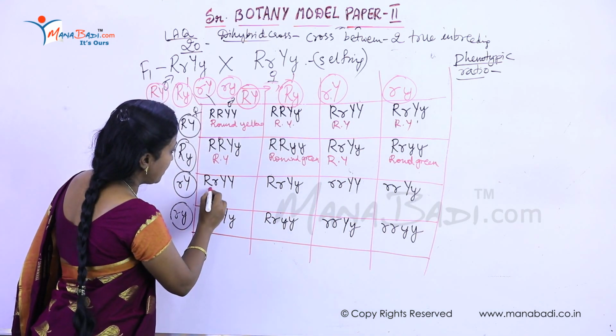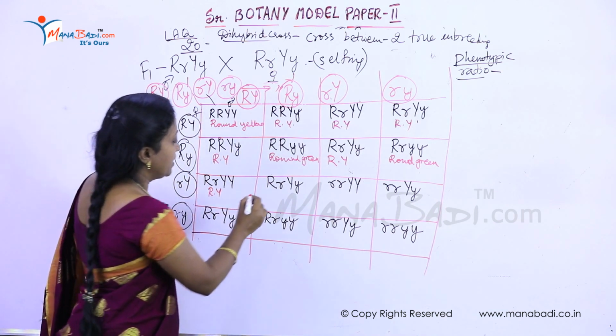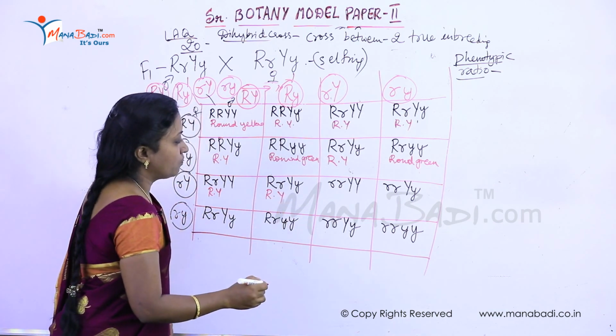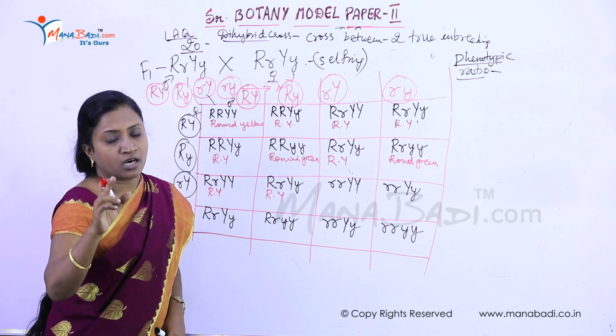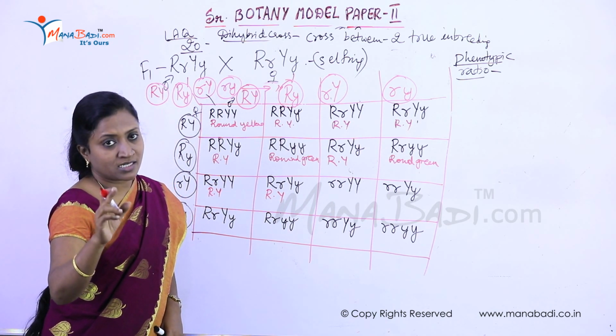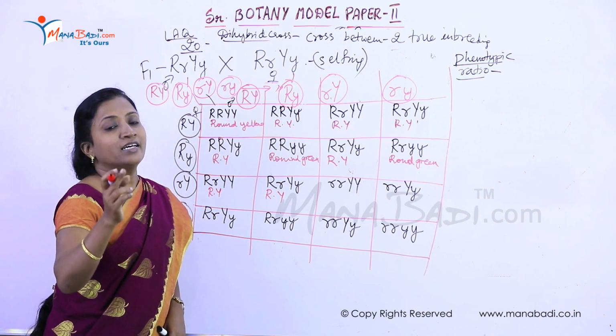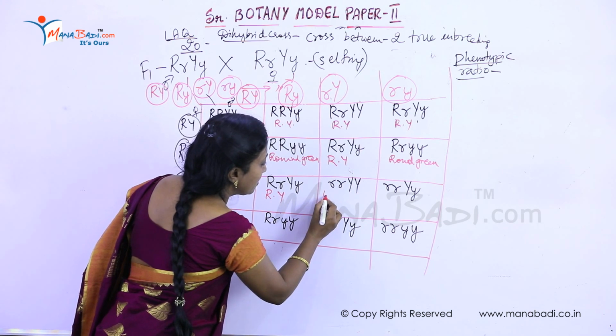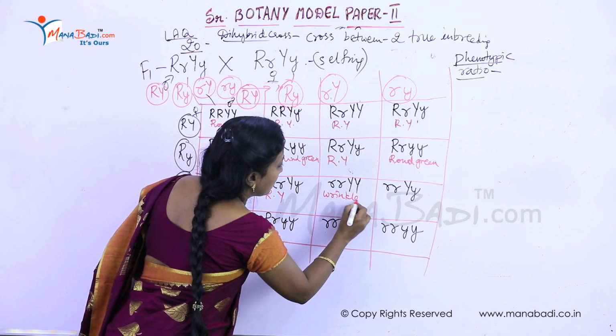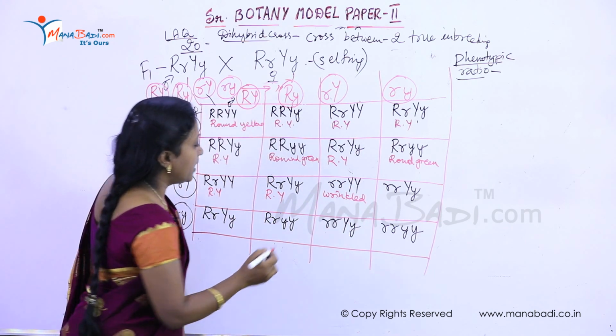Here it is again round yellow. Here also round yellow. Here small r represents the other shape of the seed, which is wrinkled.